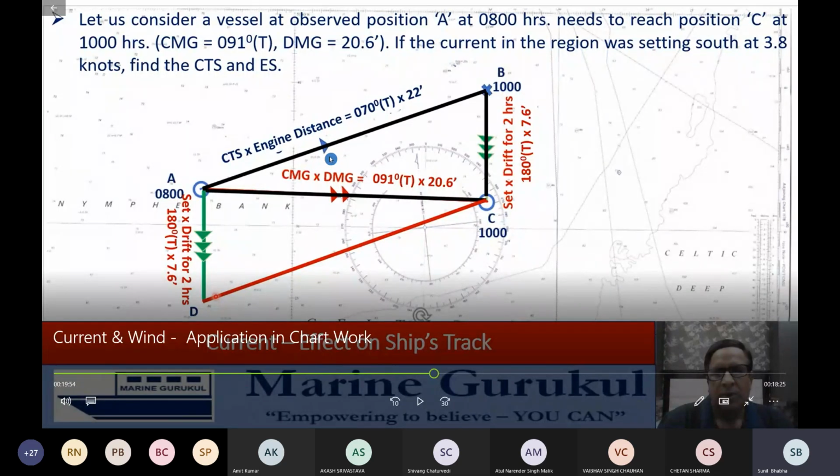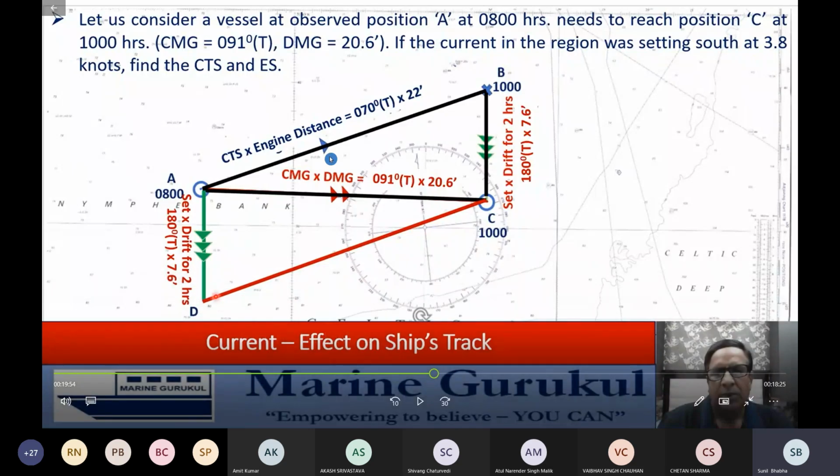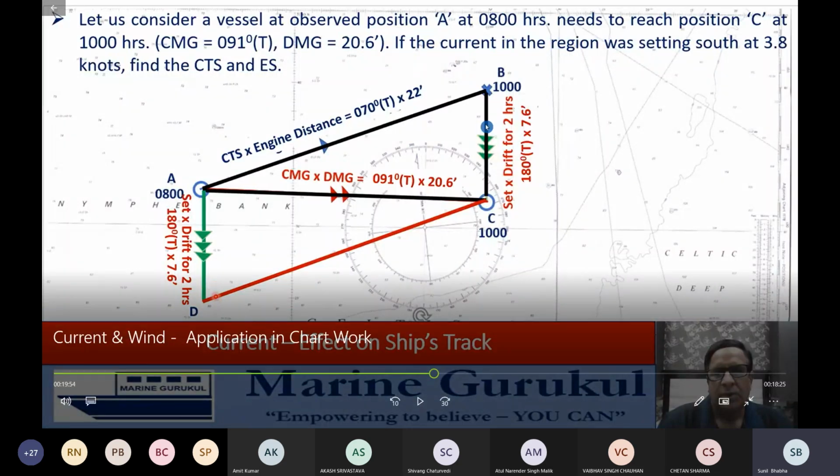These are the same symbols which we had done in our first session in chart work. The current is represented by 3 arrows. Once we apply these two vectors, we reach our destination position, the C position, Charlie position in this case. And A to C is our course made good vector.